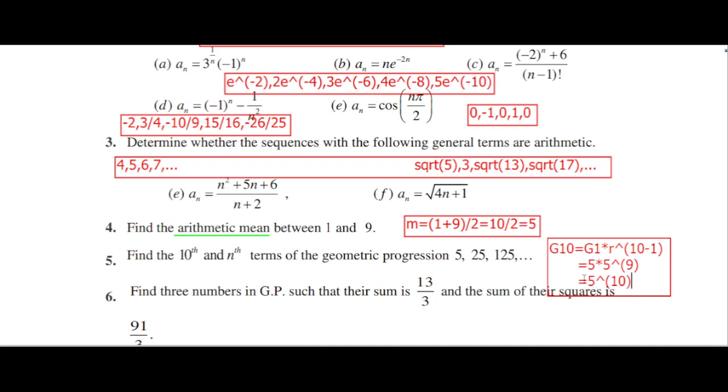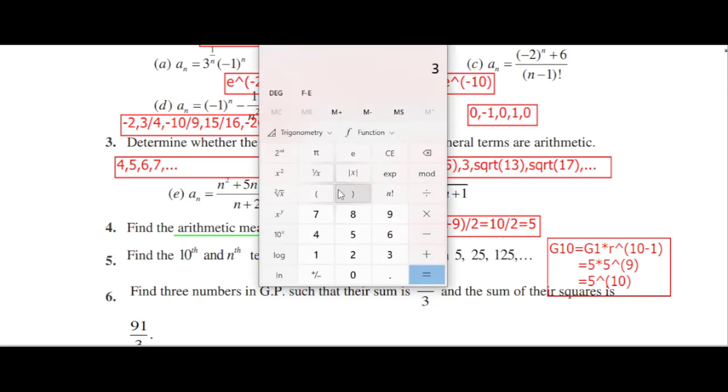Let's compute it. 5 to the power of 10 is equal to 9,765,625.